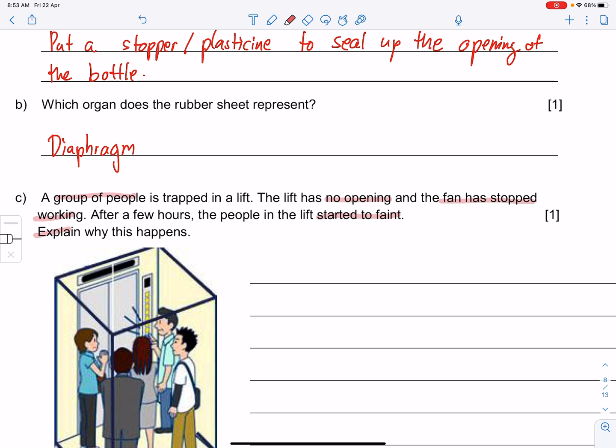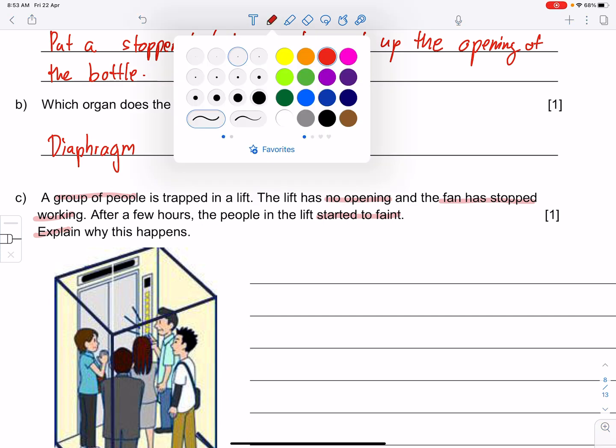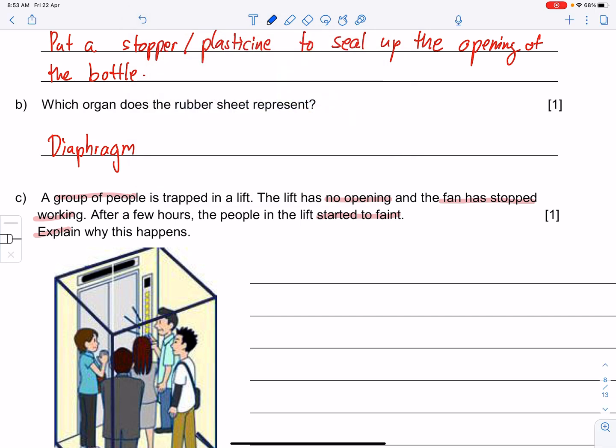So let's digest this. What are some of the key ideas to help us? Start to faint. Now, why would you start to faint? People usually faint due to a lack of energy, right? Because remember I told you this, you need respiration to do things.